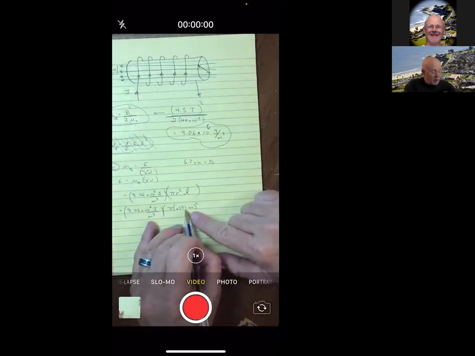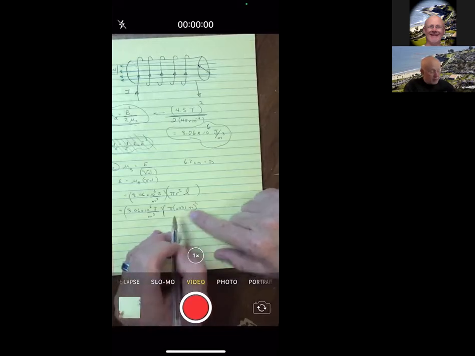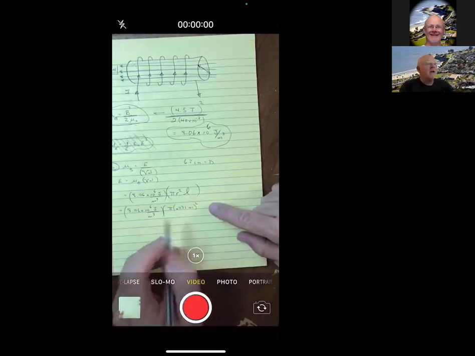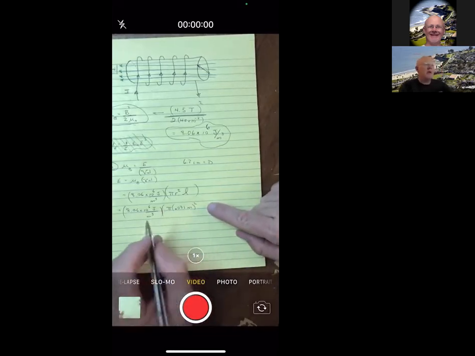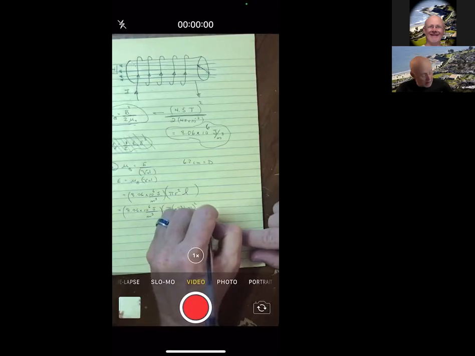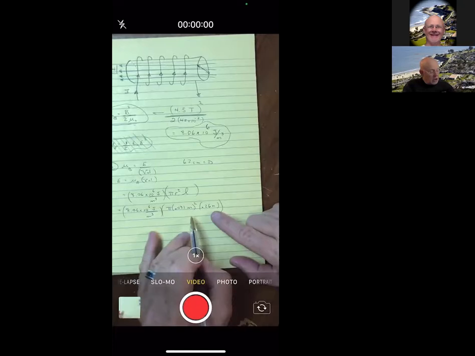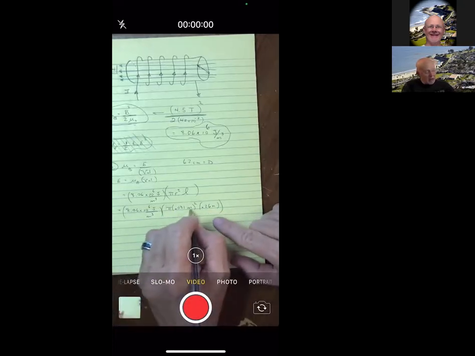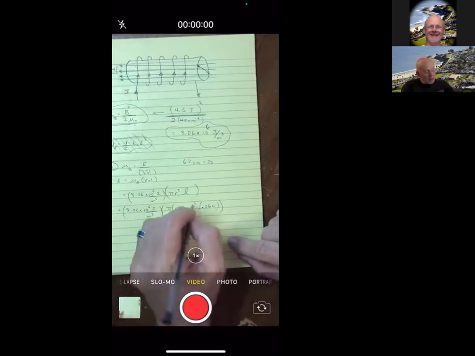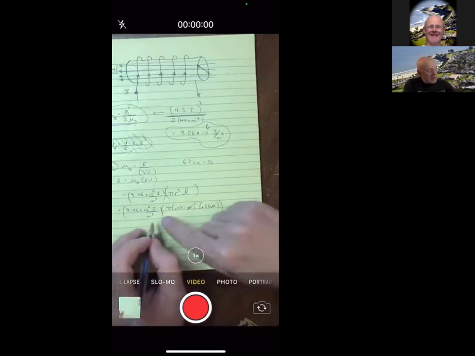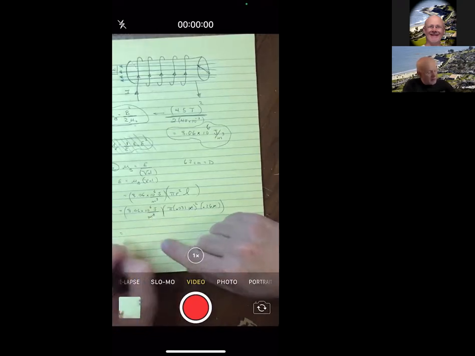So the 3.1, I'm going to move the decimal. And I think they also gave me the length somewhere. Yeah, it said it was 26 centimeters long. And again, same logic. Let me change the centimeters into meters so that what I'll get is a square and then a cubic meter, which would cancel with a cubic meter here.